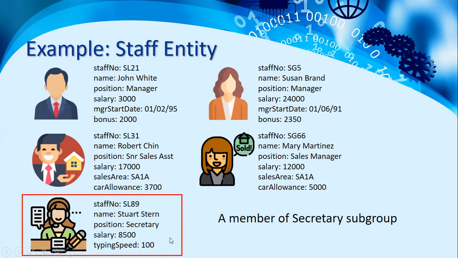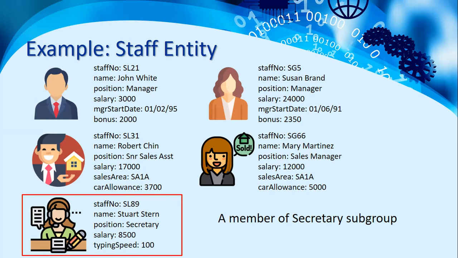Now if we analyze our previous definition, we can say that since the staff entity has many subgroupings, in fact three subgroupings, staff is a superclass.